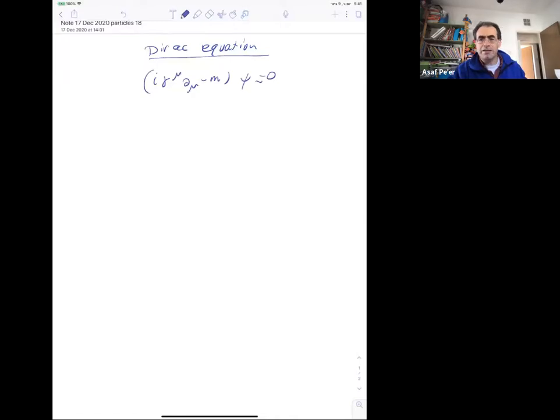I was asked about the representation. There are several known representations for the 4x4 gamma^mu matrices. The ones that are typically discussed, but not so much in this course, are the Weyl representation, also called chiral. I will introduce to you today what is chiral, which is easy to work with chirality eigenstates.